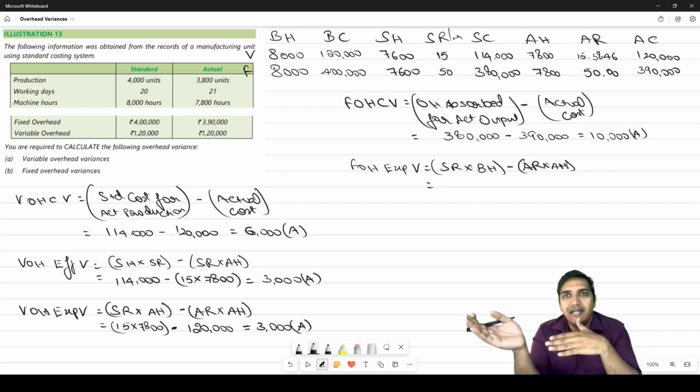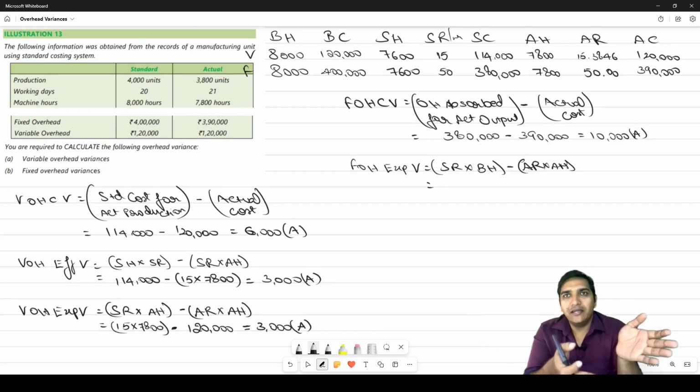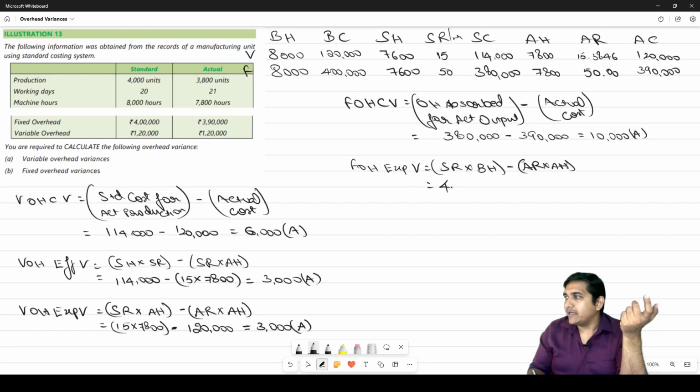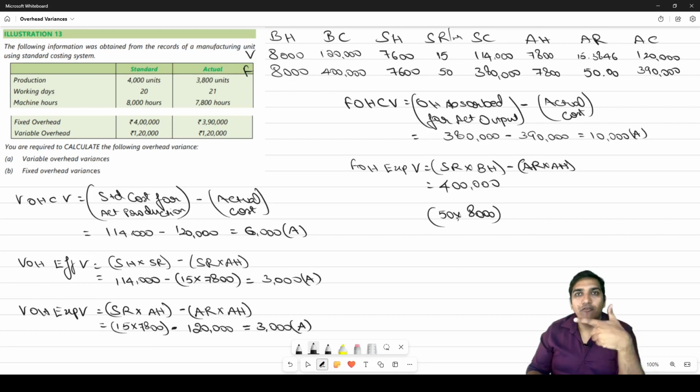As I told you earlier, standard rate is equal to budgeted rate and absorption rate. So how much is my standard rate into budgeted hours? I will get 4 lakhs. If you want to check, 50 into 8,000, you will get 4 lakhs. That is my budgeted cost.